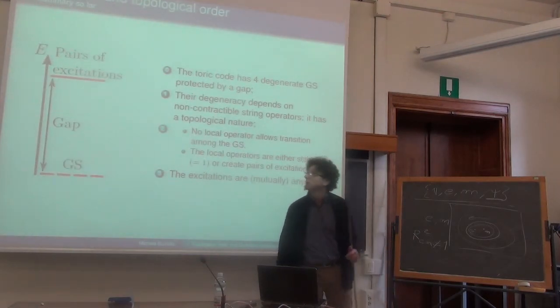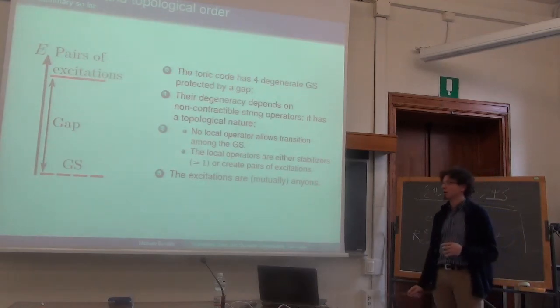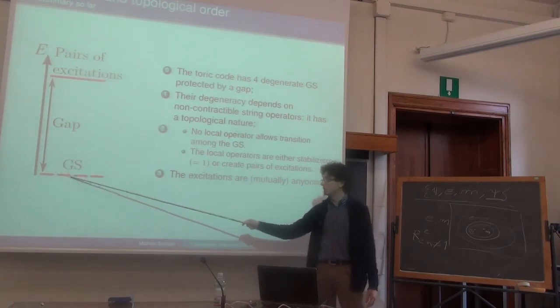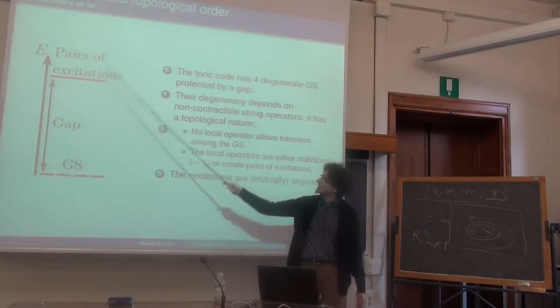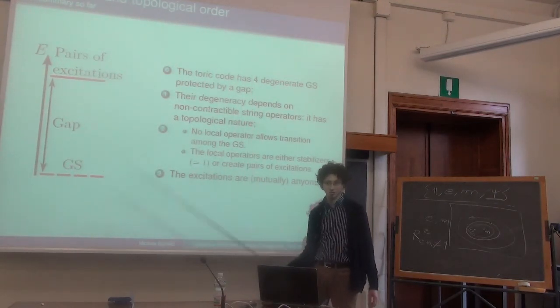So now let us summarize a little bit what we saw for the toric code. We saw that there are 4 ground states that are separated by a gap. This gap is 4 actually, from all the high energy excitations.